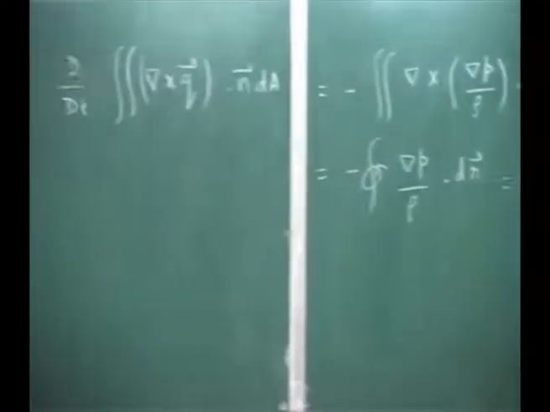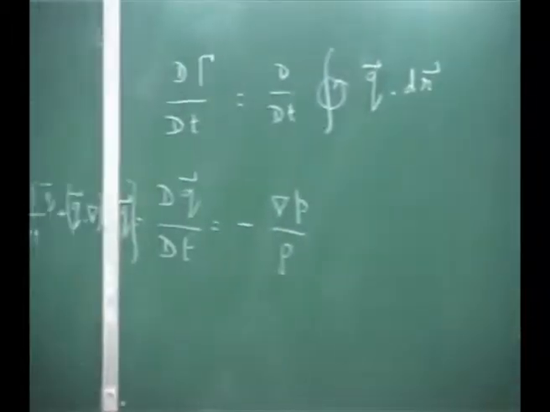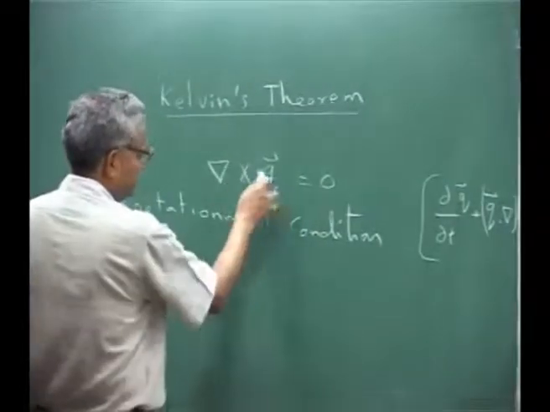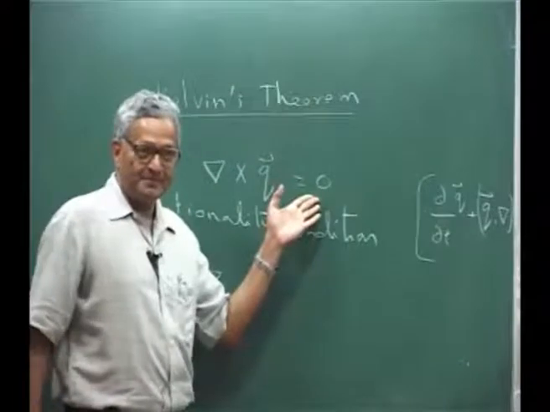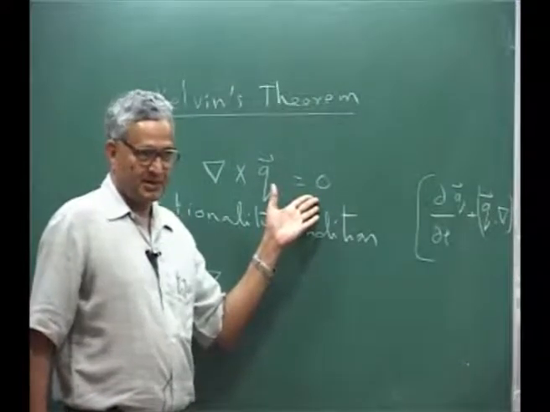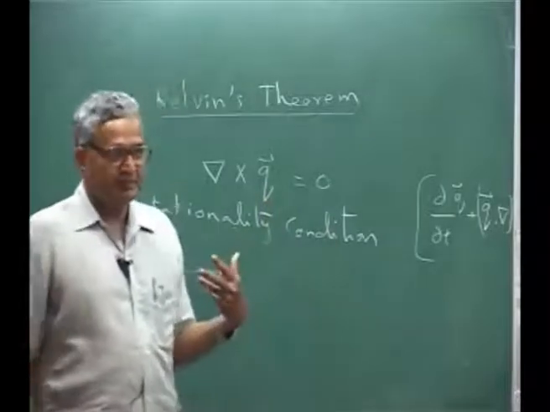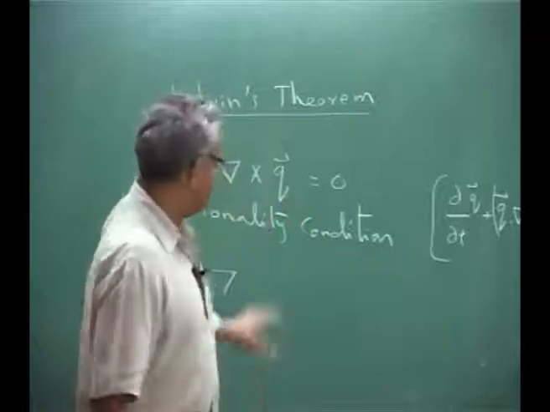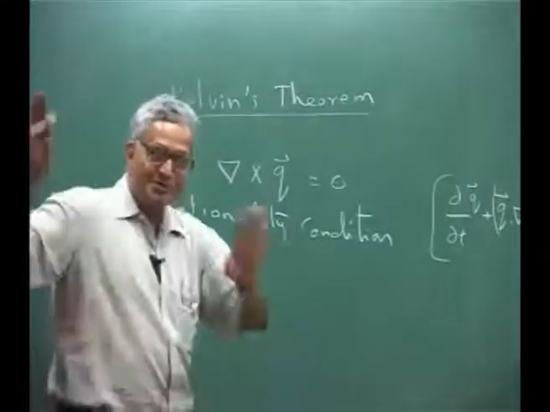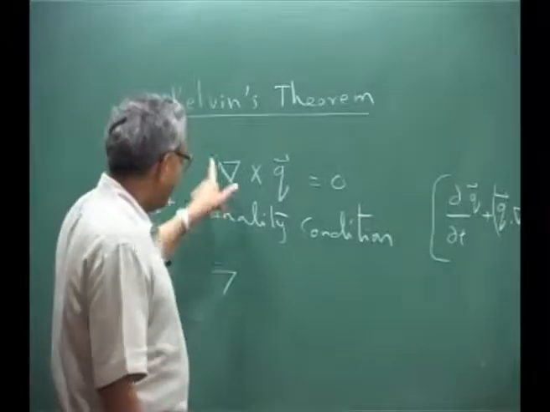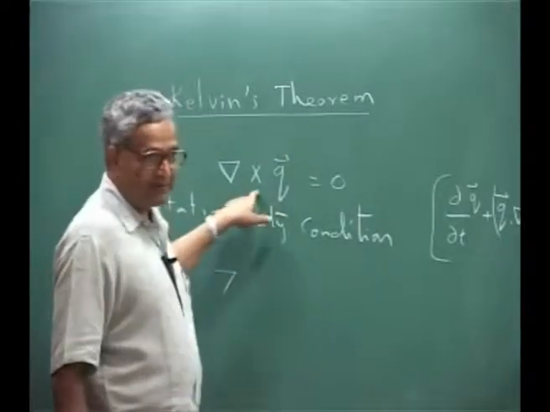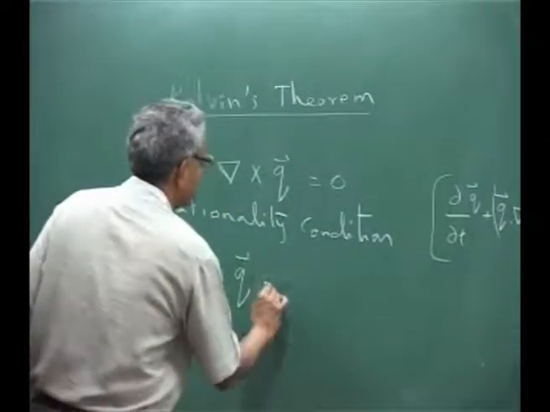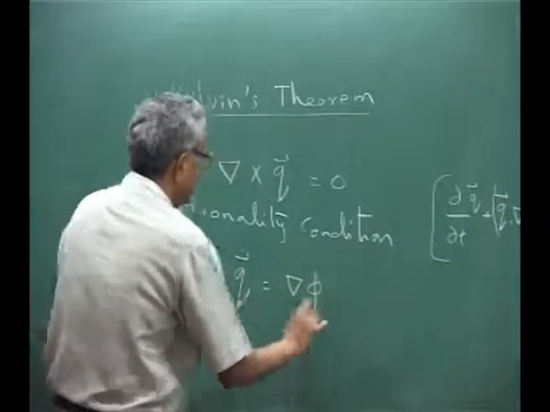Now, what does it mean? It means that if my del cross q is 0, this is the irrotationality condition, then it will remain always. That is Kelvin's theorem. If this is 0 initially, it will continue to be 0. Now, if you have this condition, curl of a vector is 0, then q can be written as a gradient of a potential.